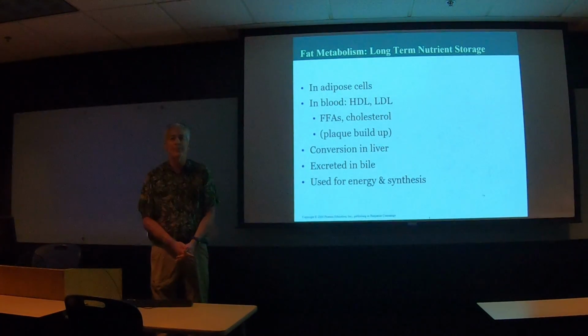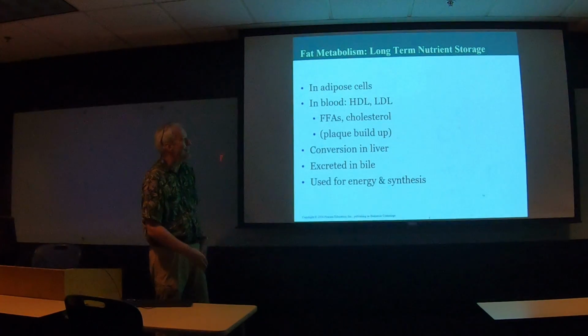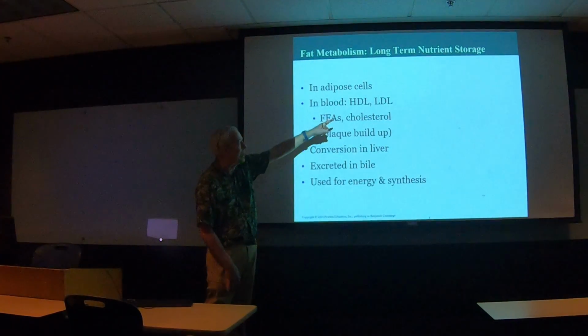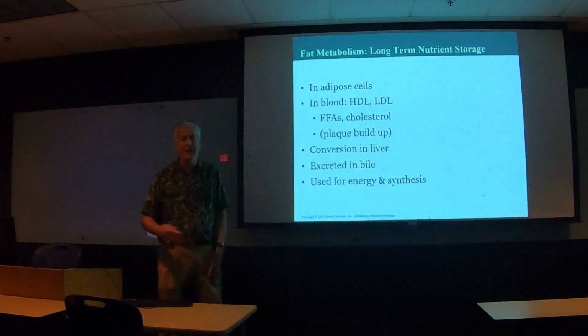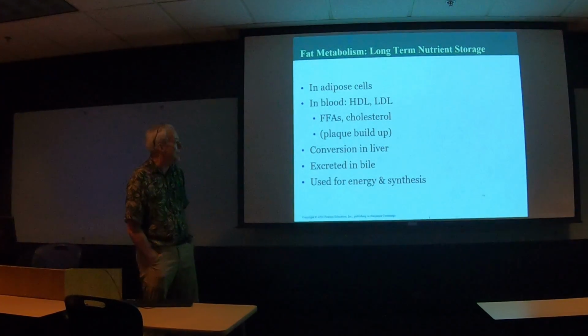So we talked about fat metabolism before. Remember, the liver produces a lipoprotein particle called VLDL, which is very low density lipoprotein. That VLDL in the circulation gets converted to LDL. HDL is also produced by the liver as well as the intestine.